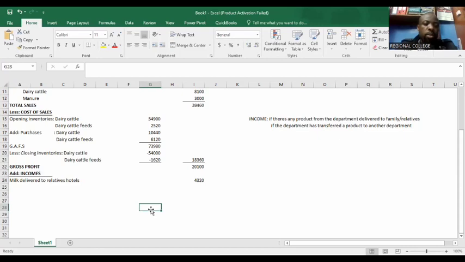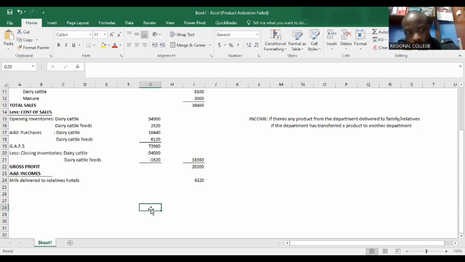Then you can try to see if this department, this livestock, will transfer something to another department, which is yes. Note number 3 says manure valued was removed from the cowshed and used in the maize plantation.